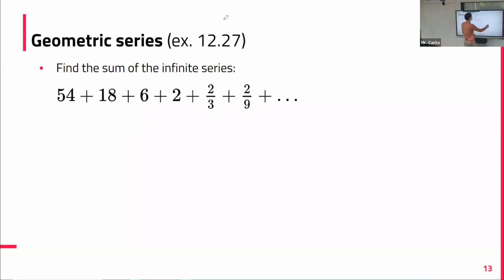Say 1 over 9. The sum is 54 plus 18 plus 6 plus stuff.